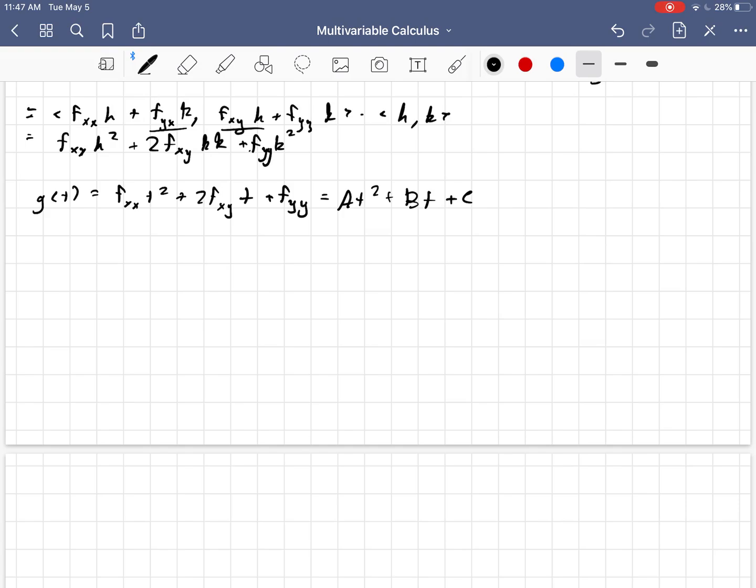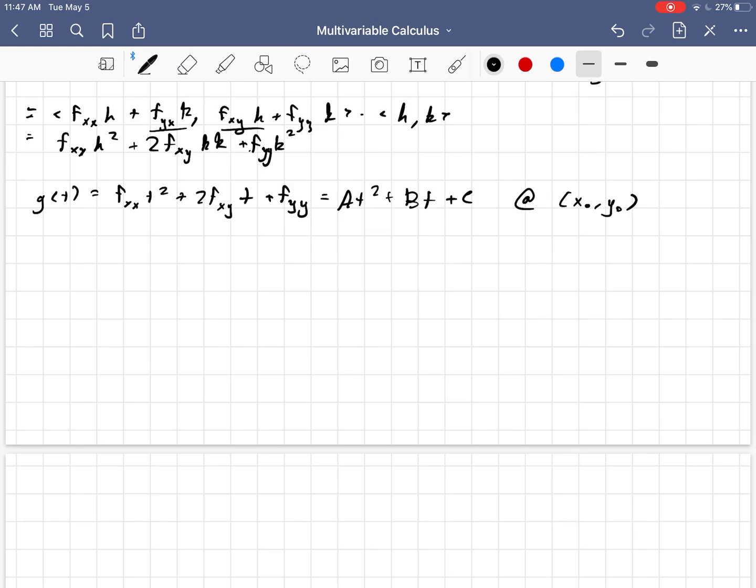So in other words, f sub xx is a, 2 f sub xy is b, and f sub yy is c. And again, just to make sure we aren't losing track of what we're actually doing, this is all at the point x naught comma y naught.